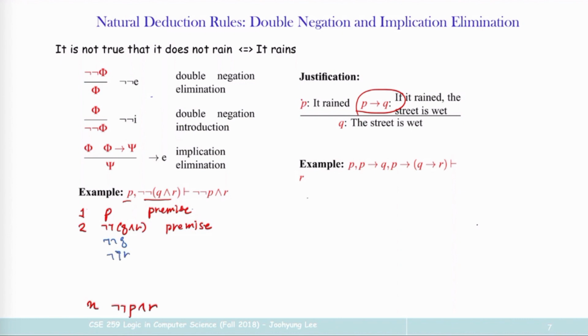How can we do this? Maybe the short answer is we don't know yet, right? Maybe this is true, but if we want to write this line, I need a justification to be written here. And so far, maybe our deduction rules are not enough. I don't see how to do that yet. So maybe let's go back to what we have.